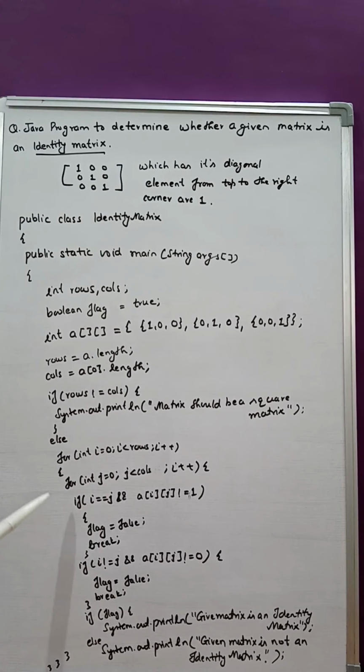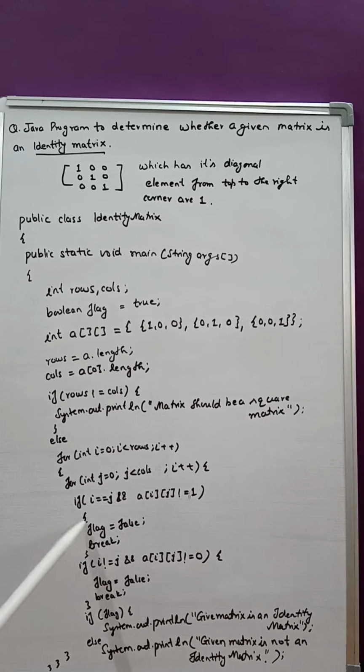So we have checked for the condition over here as i double equal to j, and we have checked whether a of ij is not equal to 1. In this condition, if the value of a of ij, the diagonal element, is not equal to 1, in that case we will be storing the false value in the flag.